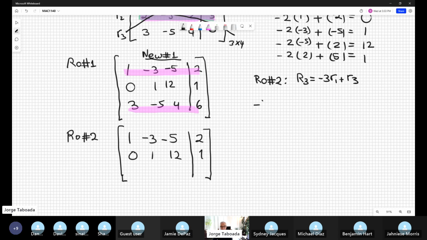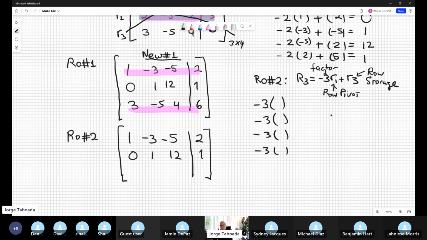So negative 3, I copy the elements. Remember the format for the row operation: we have the factor, which is just a real number, the row pivot, and the row storage.